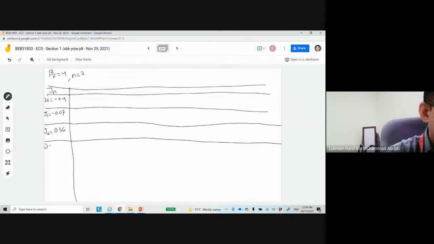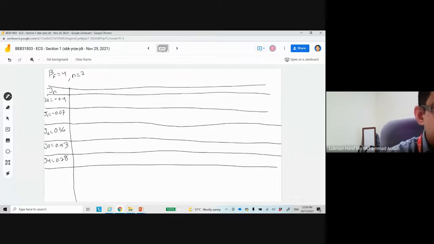J3 equal to 0.43. J4 is equal to 0.28. J5, 0.13.